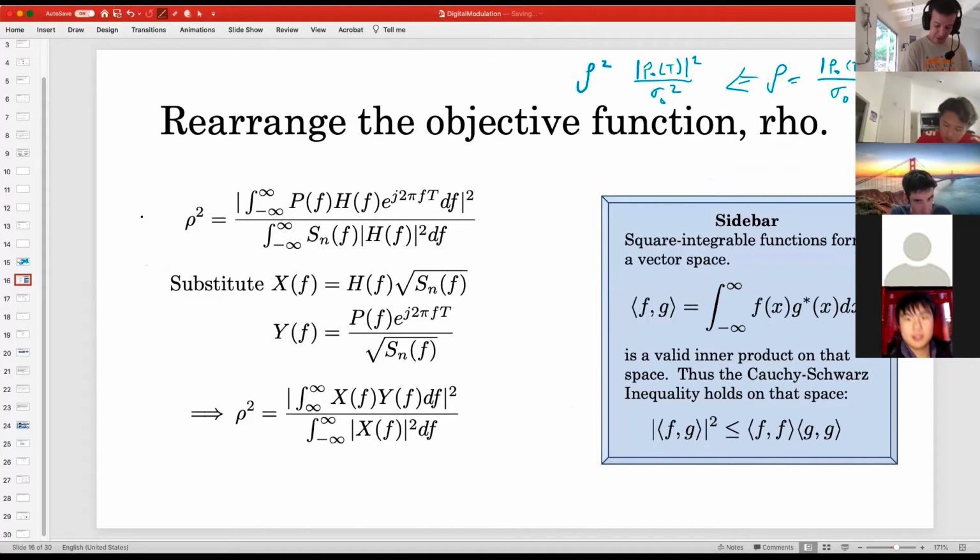Okay, so what I'm doing here in this line is simply plugging in the expressions we got from the last slide. On top, that's little p sub o of big T magnitude squared. And on bottom, that is our expression for the noise variance.